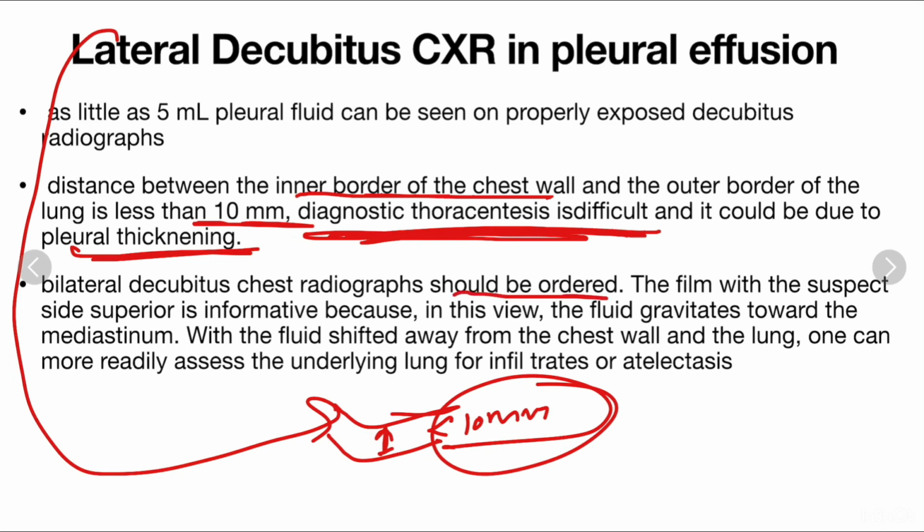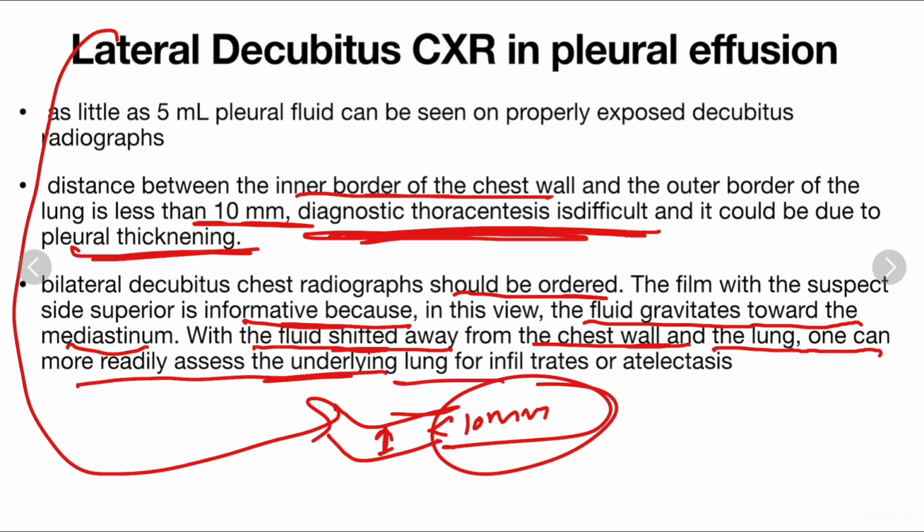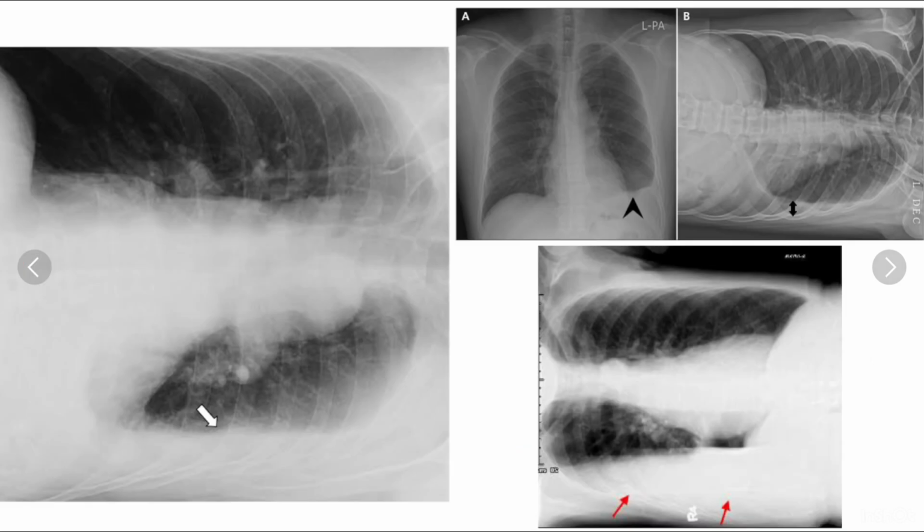The film with the suspect side superior is informative because in this view the fluid gravitates toward the mediastinum. With the fluid shifted away from the chest wall and the lung, one can more readily assess the underlying lung for infiltrate or atelectasis. So to differentiate from infiltrate or atelectasis, we should do lateral decubitus chest X-ray of both right and left sides.